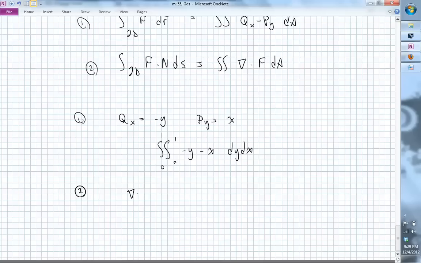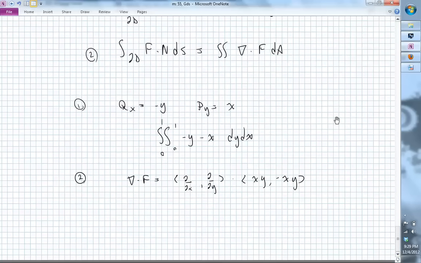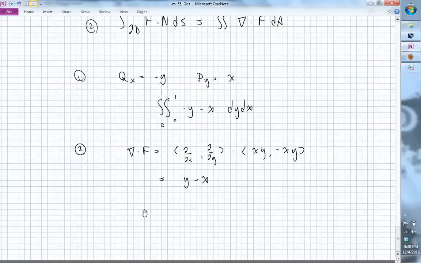And then the divergence of f is this. That turns into y and minus x, and then integrate that over the area.